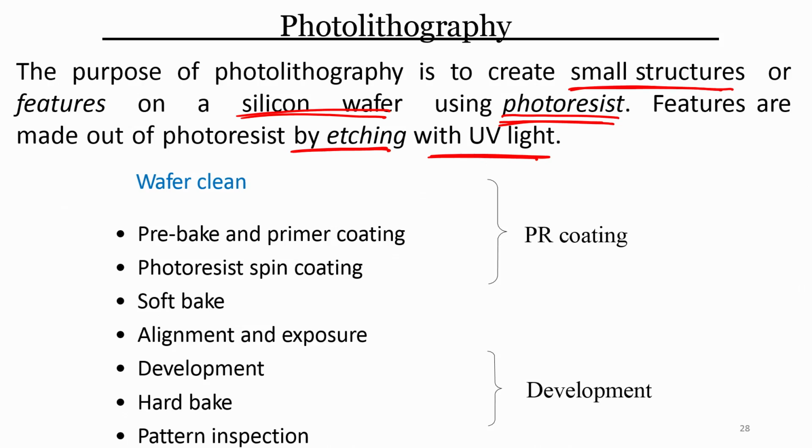There is a polymer involved, and that polymer is called photoresist. This polymer is a photosensitive polymer, and we will be using it to create several features by etching the polymer with the help of UV light.